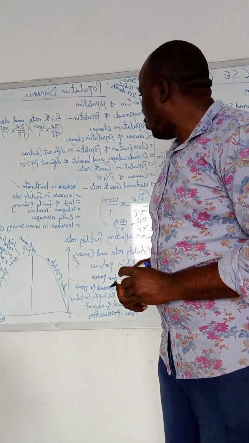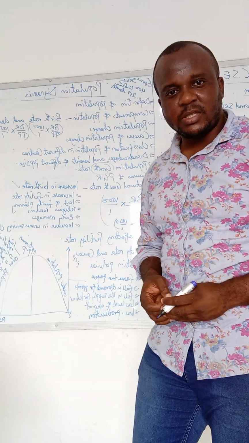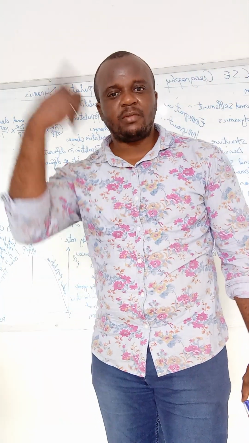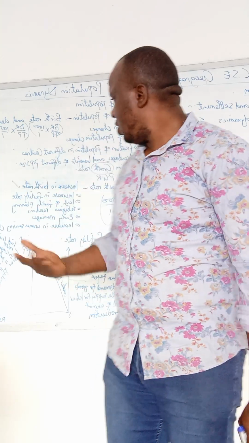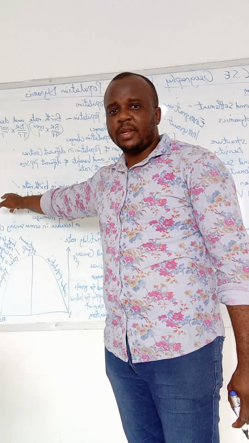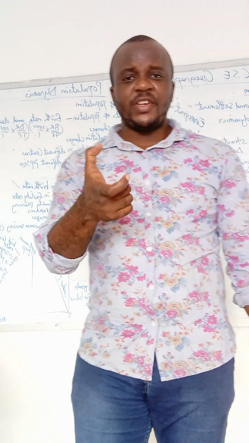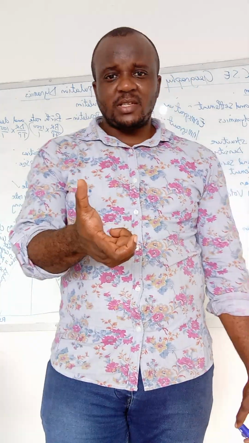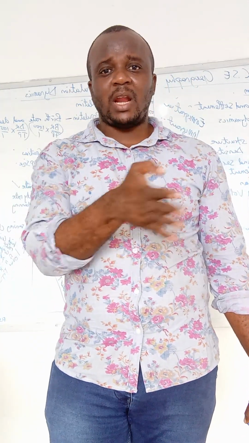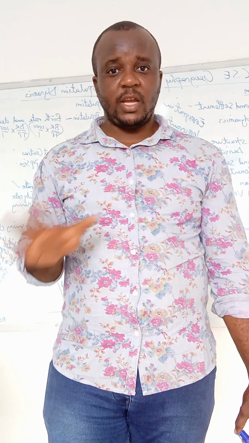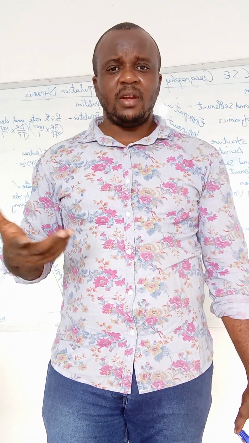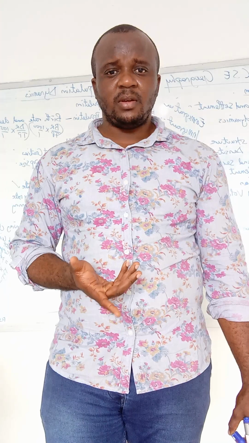Okay. What are the causes of increase of birth rate? What can cause birth rate to increase? Number one, increase in fertility rate. What is fertility rate? Fertility rate is the total number of kids that a woman is supposed to give birth to during her lifetime. It varies from country to country; some countries have the ability to give birth to 15.